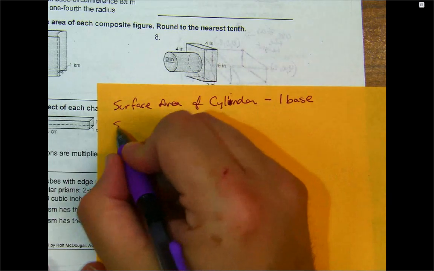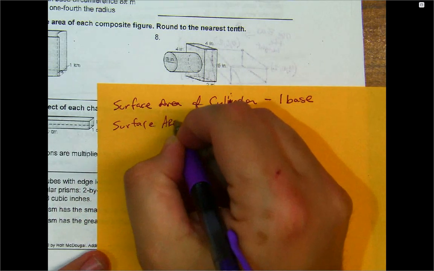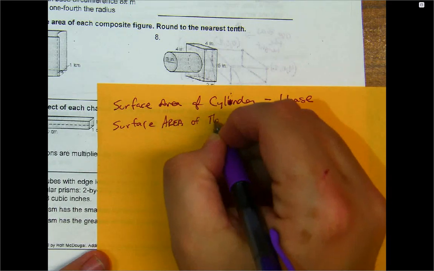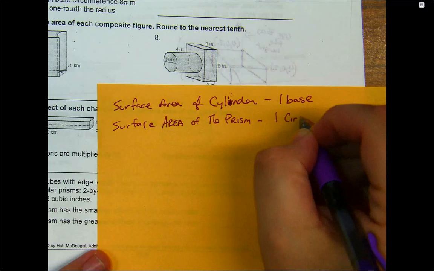And I need the surface area of the prism minus 1 circle base.